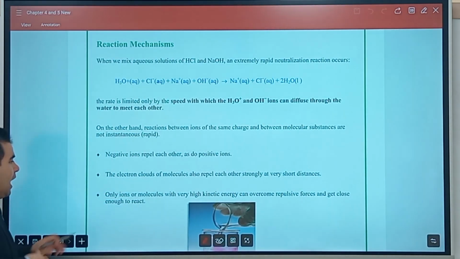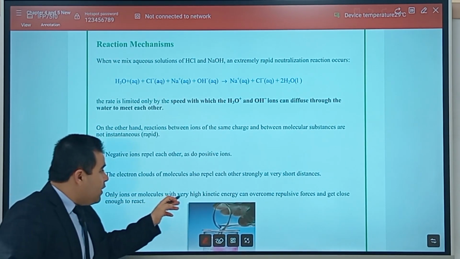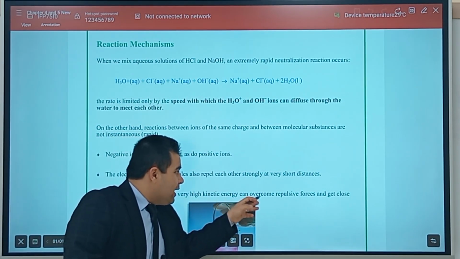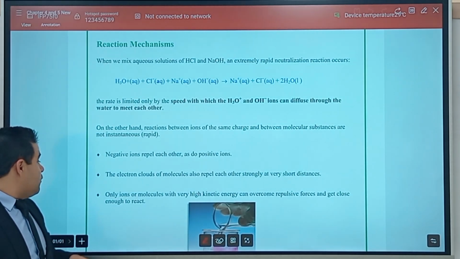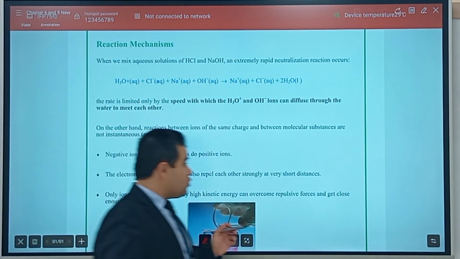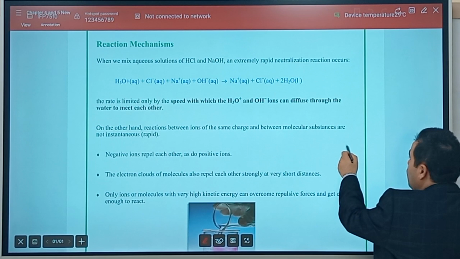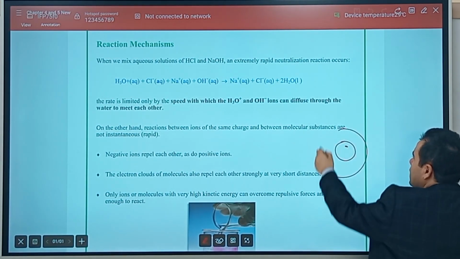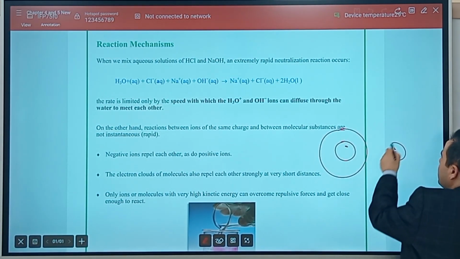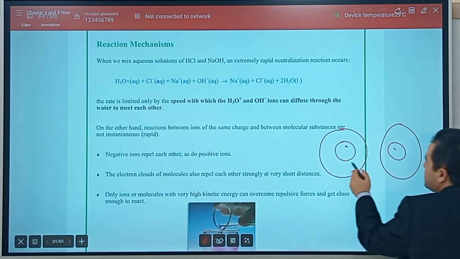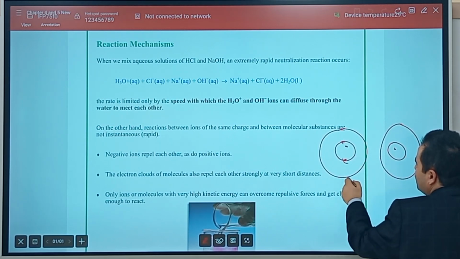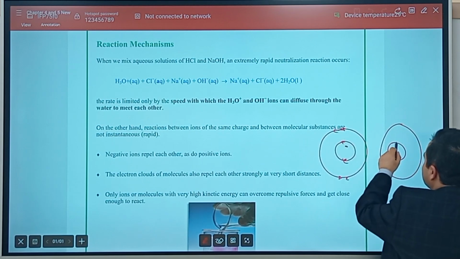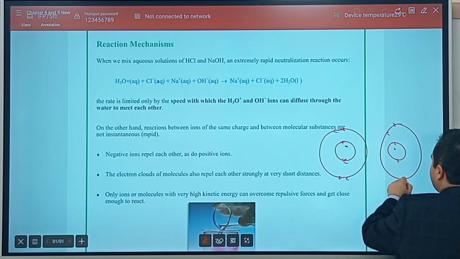Only, guys, only ions or molecules with very high kinetic energy can overcome the repulsive forces and get closer to react. What do we mean by the clouds, guys? Suppose we have two atoms of two different elements.